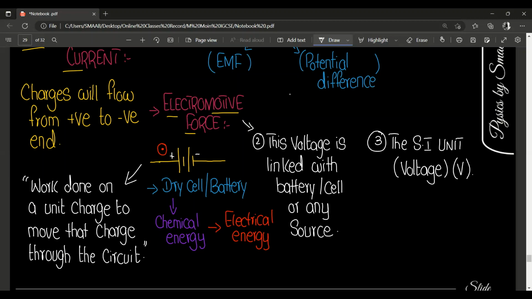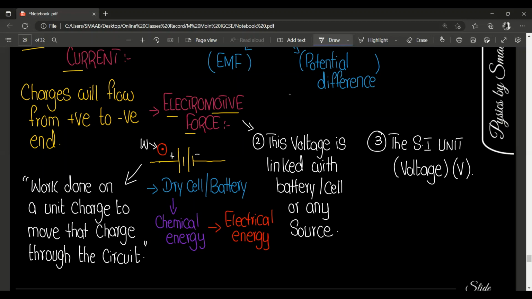So that is the third part of electromotive force, the SI unit. The SI unit of electromotive force is voltage, and it is only connected with the battery or the cell. So it tells you how much work is required on a unit charge to move from the positive to the negative terminal, right?